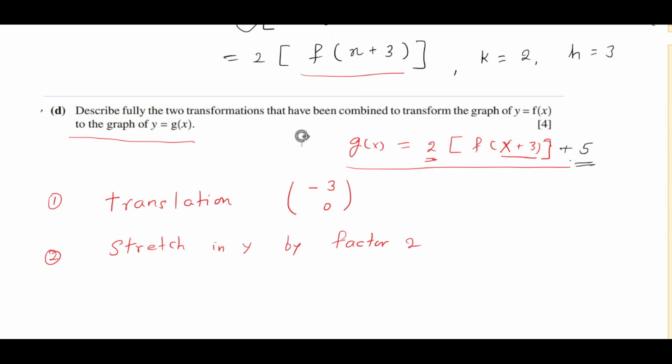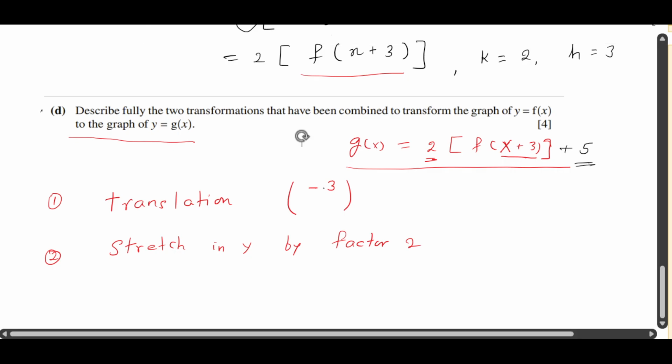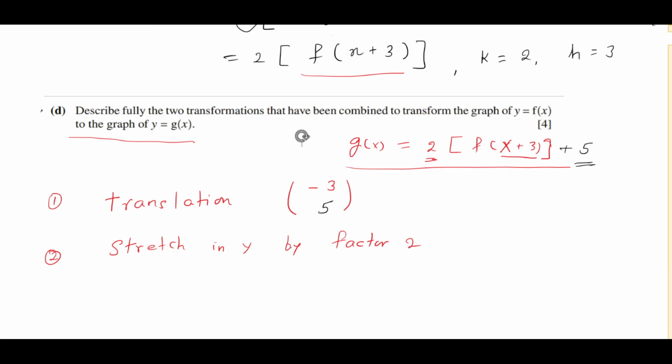Then this plus 5 indicates that the whole graph is moved 5 units up. So instead of 0 in the y direction, I will write 5. This is how our translation will look if 5 is added. If it is subtracted, then I will say minus 5.